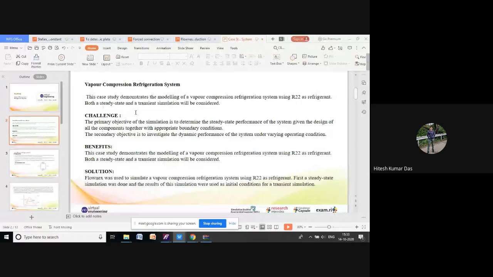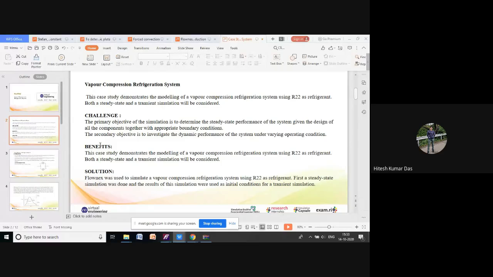In this case study, we'll demonstrate the modeling of a vapor compression refrigeration system using R22 refrigerant. Here we will show you the simulation in steady state as well as transient. The challenge we need to address is to determine the steady state performance of the system given the design of all the components together with appropriate boundary conditions.